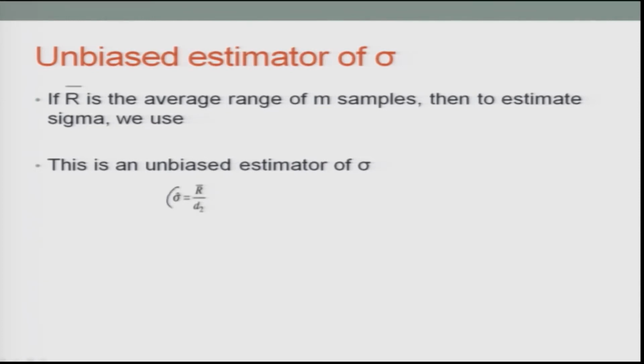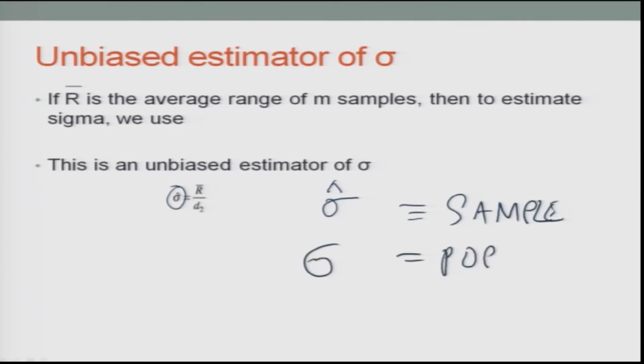This value sigma hat which you see is an estimate that comes from the sample, and the actual population standard deviation is sigma. So, you use this sigma hat in order to predict sigma.